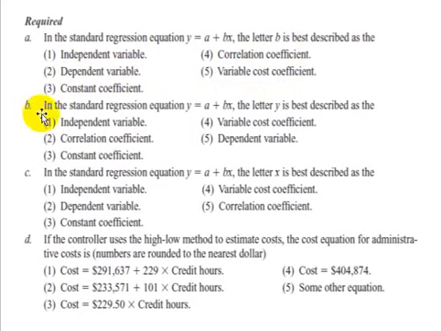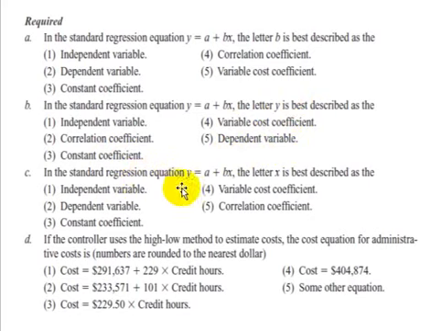Number B. In the standard regression equation, y equals a plus b times x, the letter y is best described as: independent variable, correlation coefficient, constant coefficient, variable cost coefficient, or dependent variable. Y represents the dependent variable.